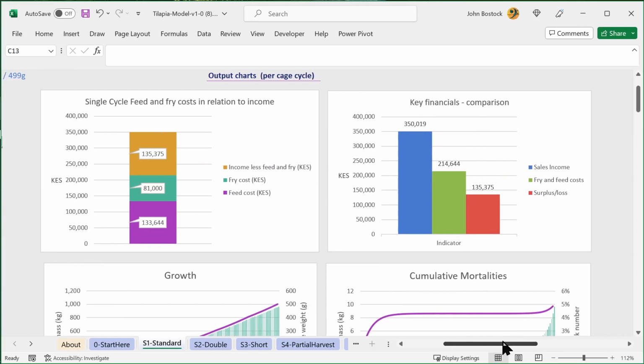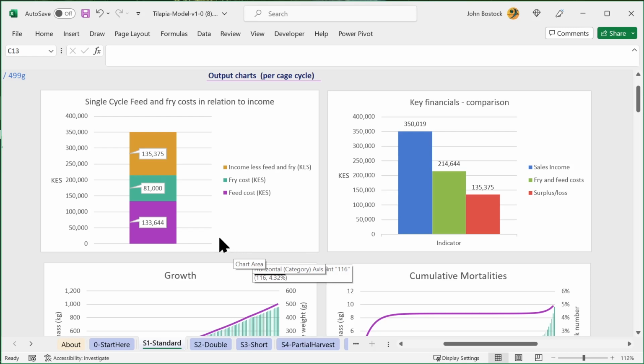The first pair of charts, at the top as they are the most important, show the main operational costs, fry and feed, compared with sales income and gross operating margin, i.e. the value of sales less fry and feed costs for a single cage cycle.